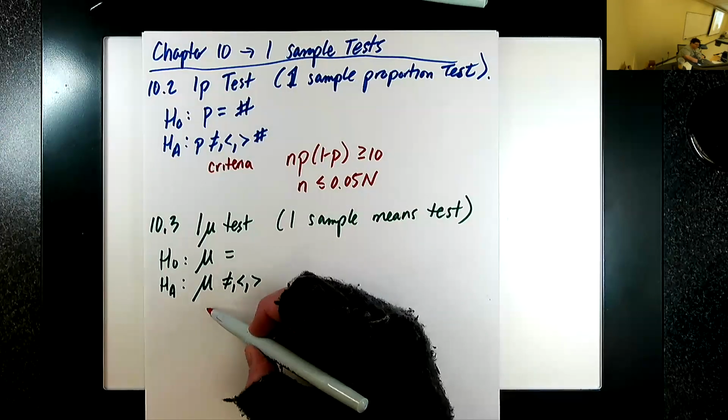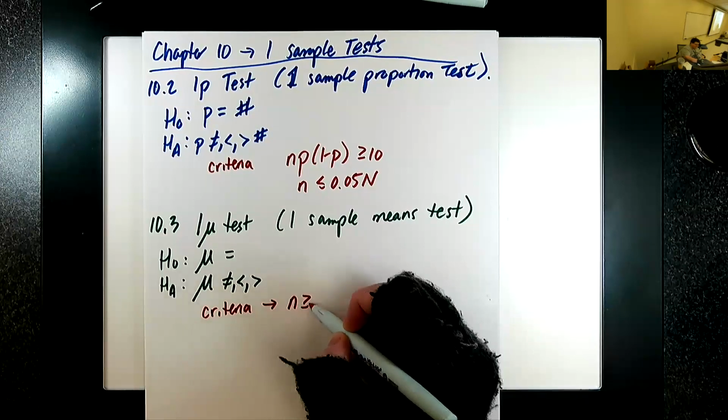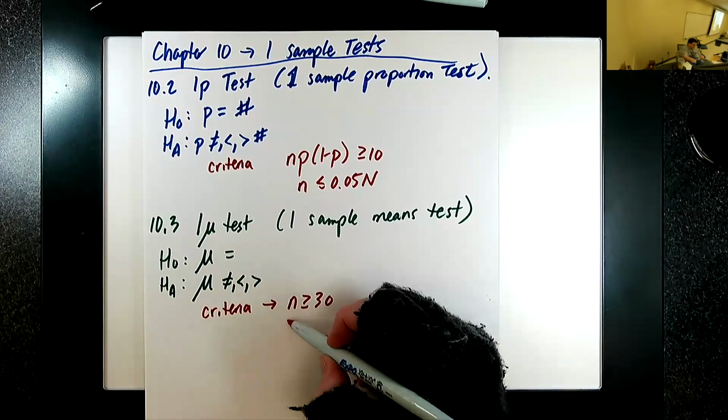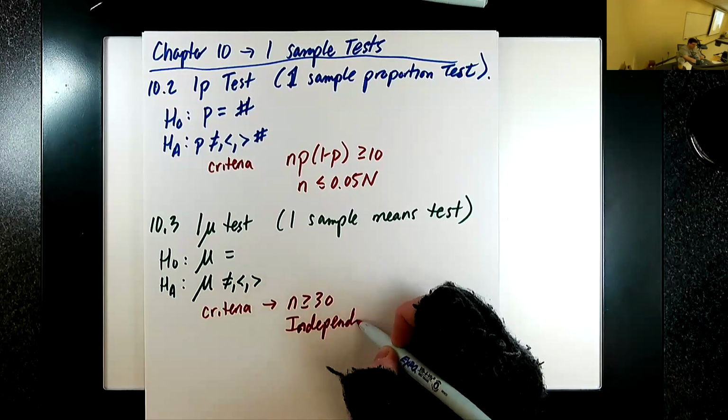Criteria here. We want N to be greater than or equal to 30. That usually just seals the deal for everything. But we do need independent, simple random samples.